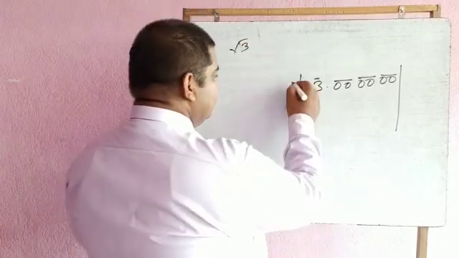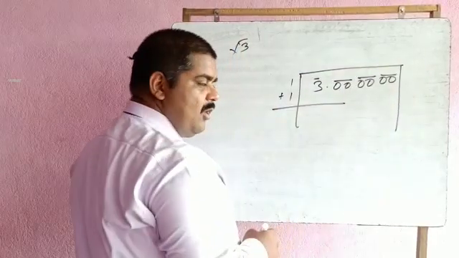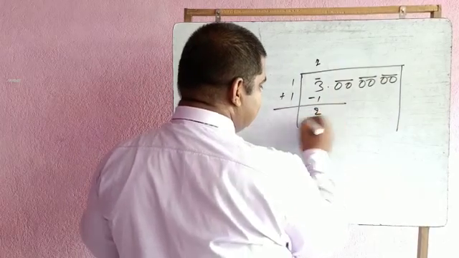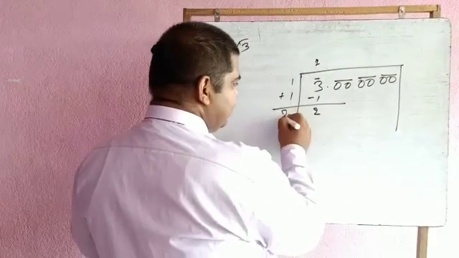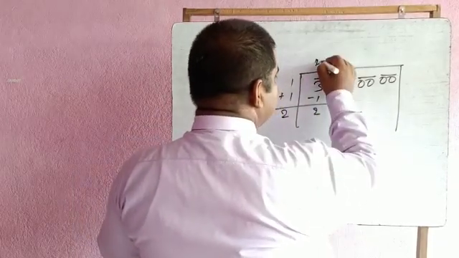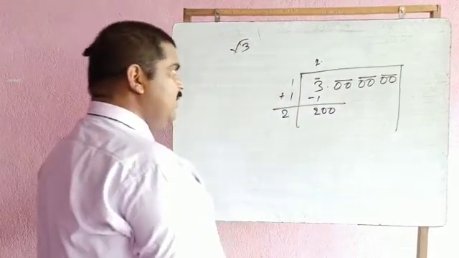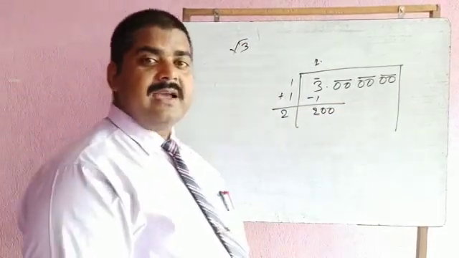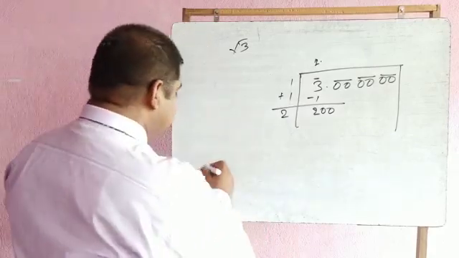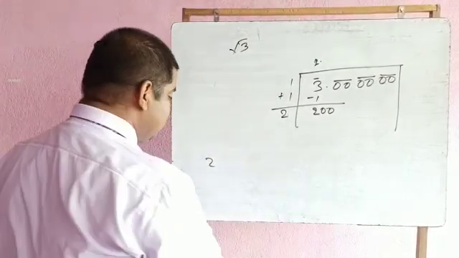Now you select 1, and when you do this operation, 3 minus 1 is equal to 2, and 1 plus 1 is 2, and there is a decimal, so you have to put the decimal here, and then you put 2 0s. Now which digit do you select? You know very well that you try to come closer to 200.